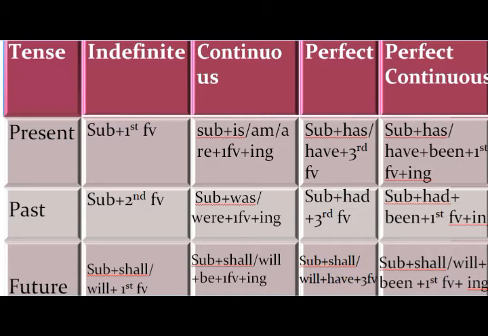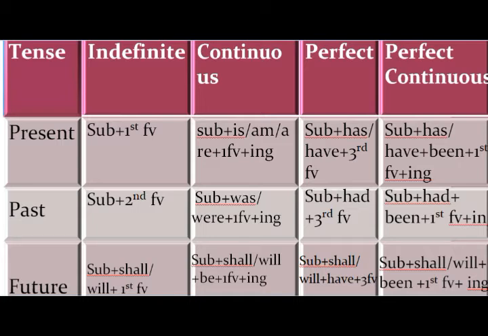See, I already told you that whenever we use continuous, it's always first form of verb plus ing. Okay. Now come to past perfect continuous. It's subject plus had plus been plus first form of verb plus ing. And in future perfect continuous, it's subject plus shall or will plus have been plus first form of verb plus ing.